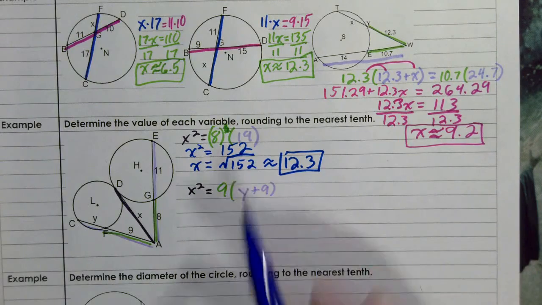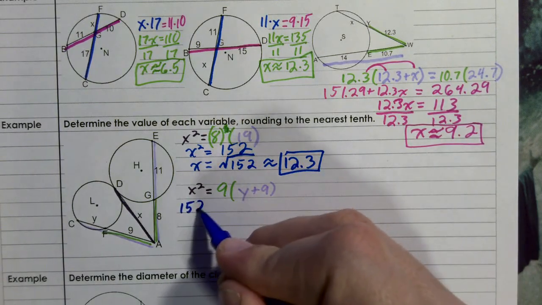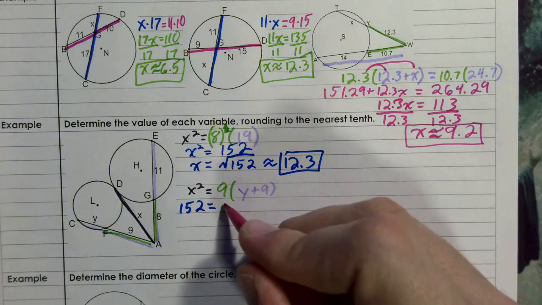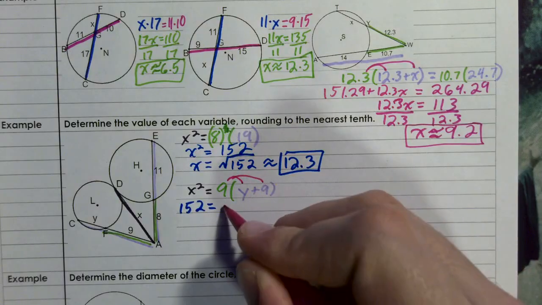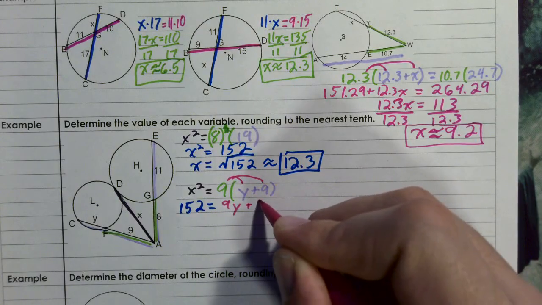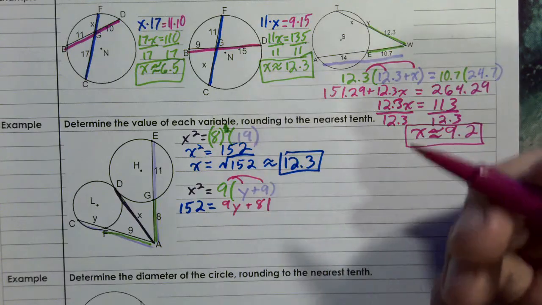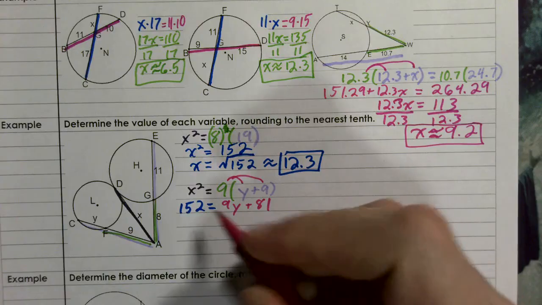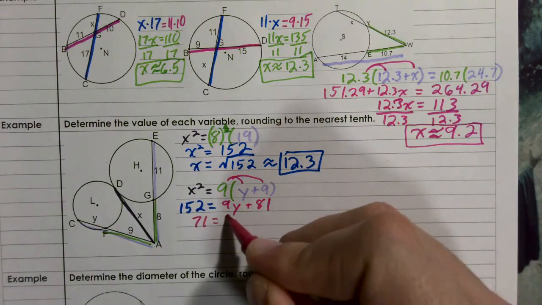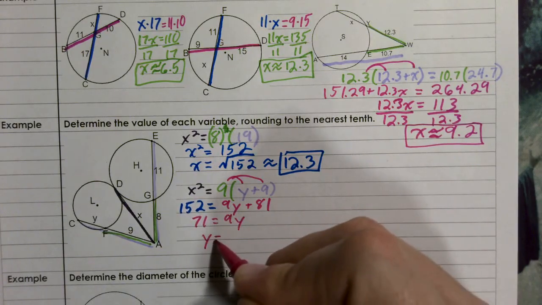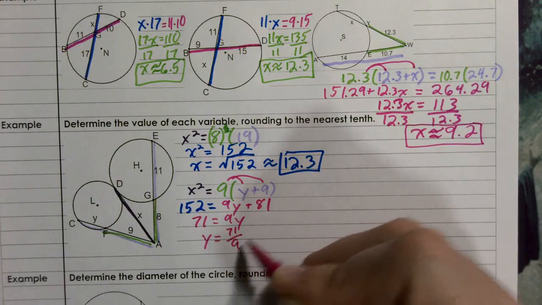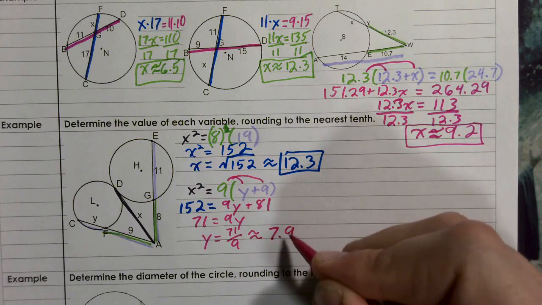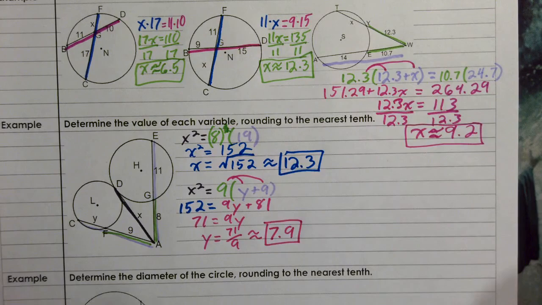I just got it up here. It's going to be 152. And that's going to equal, if I do a little distribution, 9 times 9 is 81, plus 9y. I want to subtract an 81 from both sides, which gets me 71 equals 9y. So y has got to equal 71 divided by 9, which is approximately 7.9 for my answer.